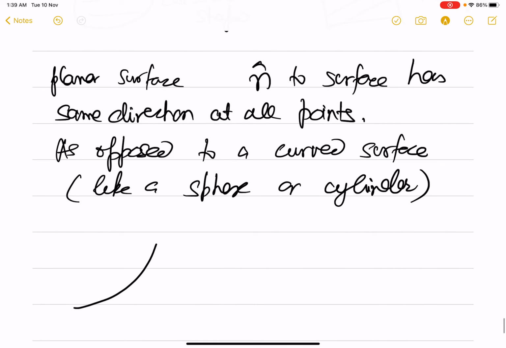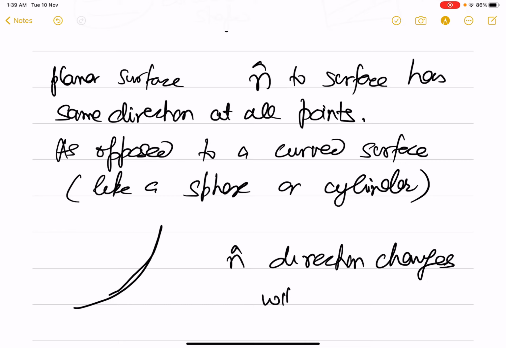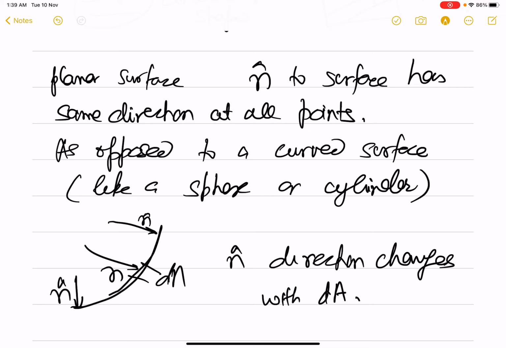So it could be a surface like this, and here the n direction changes with dA. So if this is dA, this is n. At this point n will be like this, and at this point it will be almost vertical.